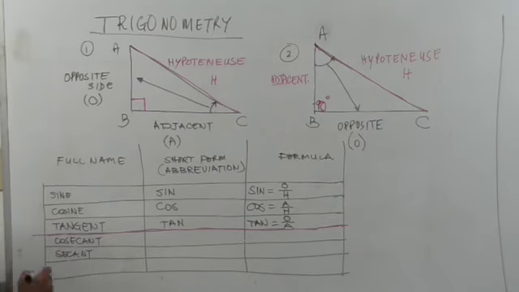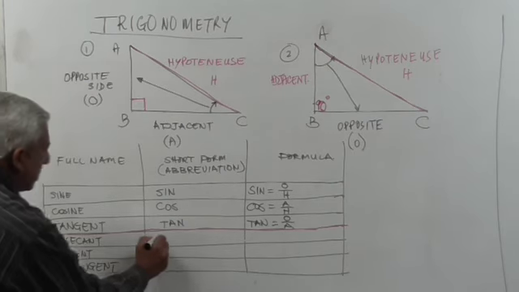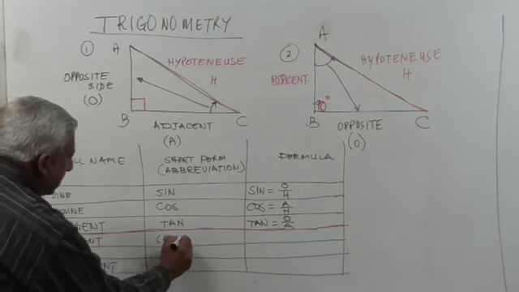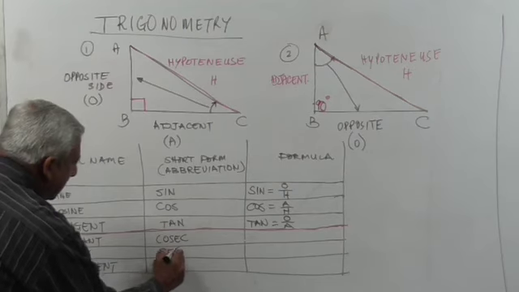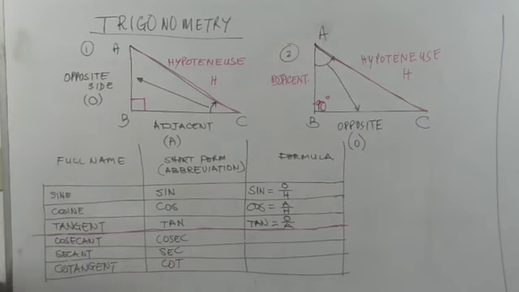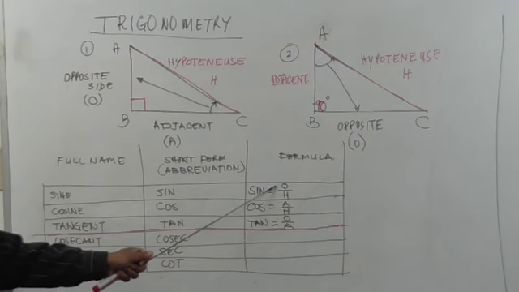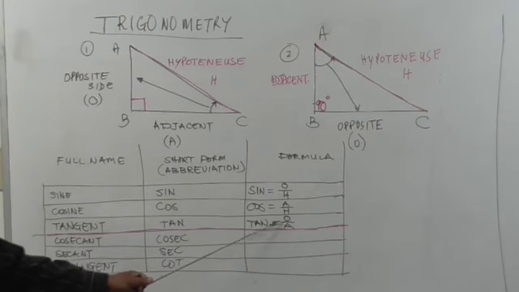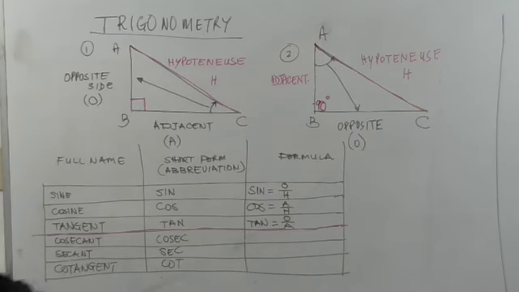And the reciprocal of tangent is cotangent. Reciprocal simply means inverse. So, in short, that's cosec, sec, and cot. And reciprocal means inverse, means upside down.